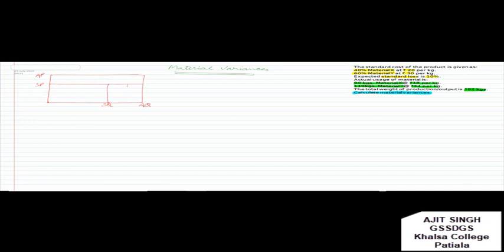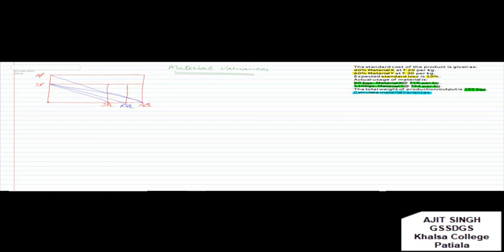So we would have to calculate the revised standard quantity. We can draw the lines: standard price into standard quantity, standard price into revised standard quantity, standard price into actual quantity, and last one is actual price into actual quantity.